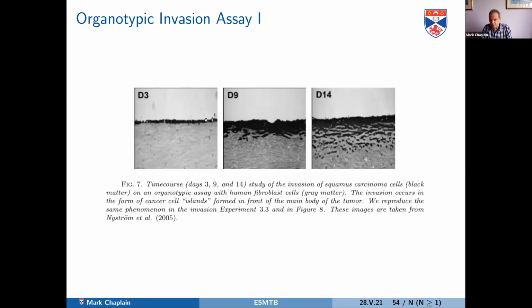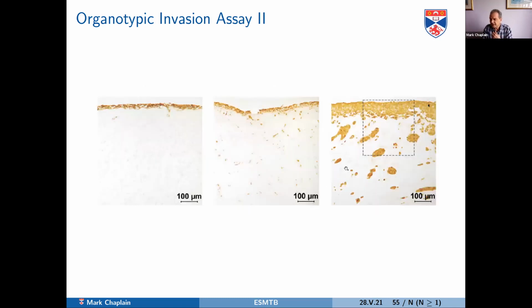These are some cancer cells being plated on the top of a collagen gel, and over time the cancer cells invade, and as you can see, they're rather dense at the top, and the little clumps of cells have broken off and they've invaded in a sort of heterogeneous way. These are the experimental images of the cells at the beginning of the assay, and then a few days later they've invaded in this heterogeneous way.